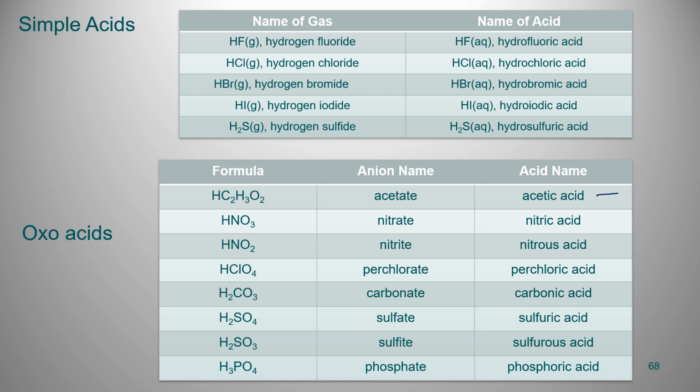The nitrate ion, so I would know that one, nitric acid, carbonic acid, sulfuric acid, and phosphoric acid. So I would know those 5. It can't hurt to know these, but the nitrite becomes nitrous, the perchlorate becomes perchloric, sulfite. So anyway, I would know those. And up here, I would definitely know those, and maybe this one too.